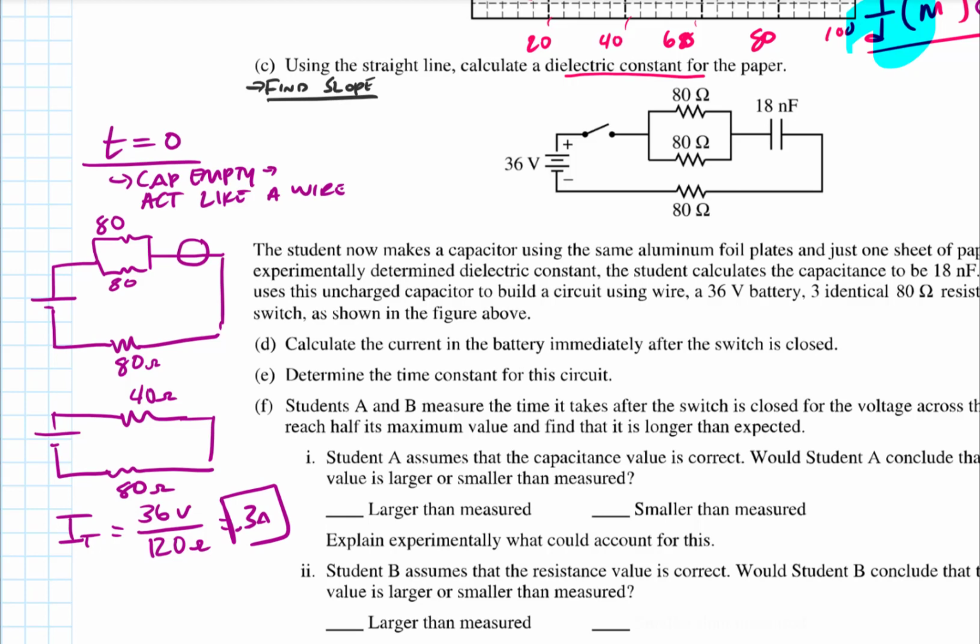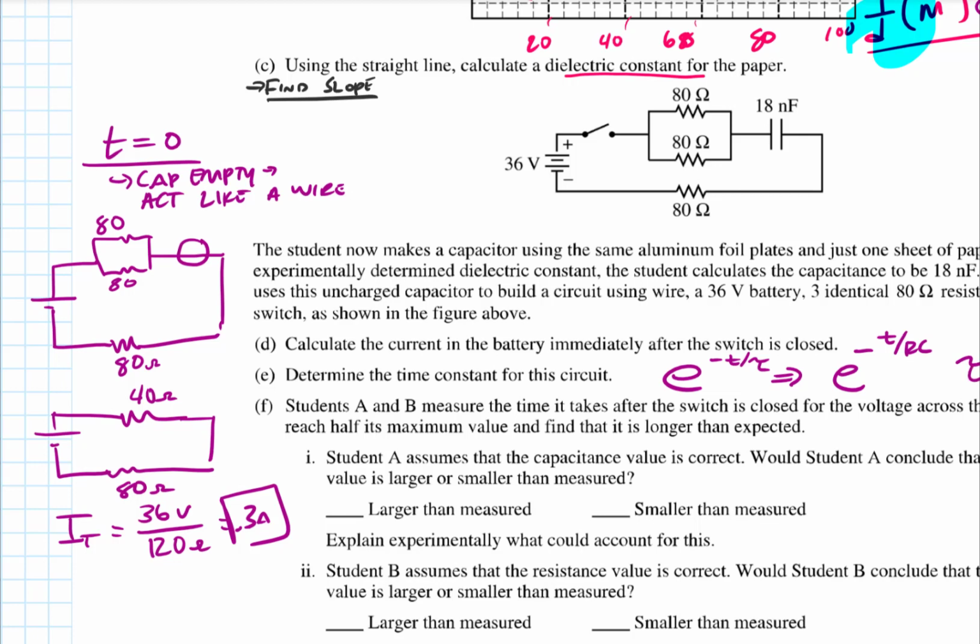And then if I want the time constant for this circuit, it is e to the negative t over tau. And we know that for a basic RC circuit, it's going to be e to the negative t over RC. So my time constant tau is equal to RC.